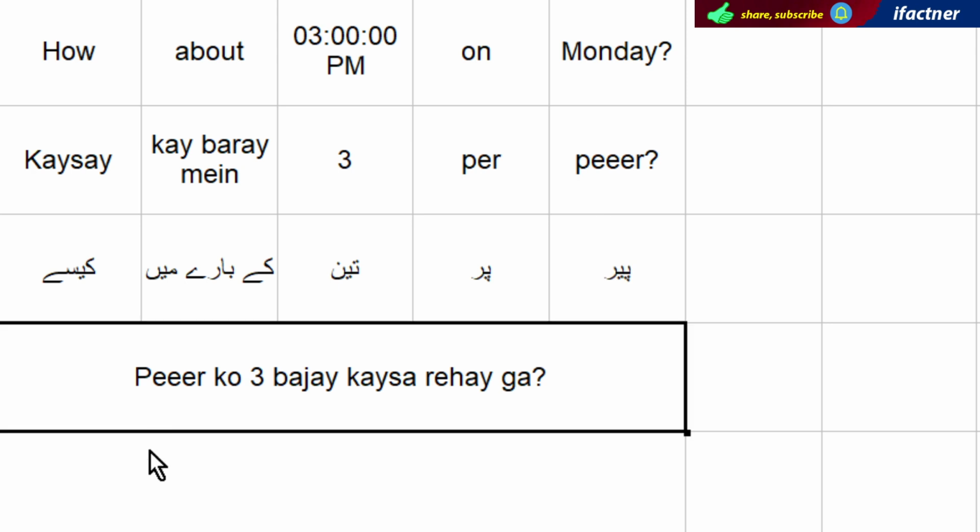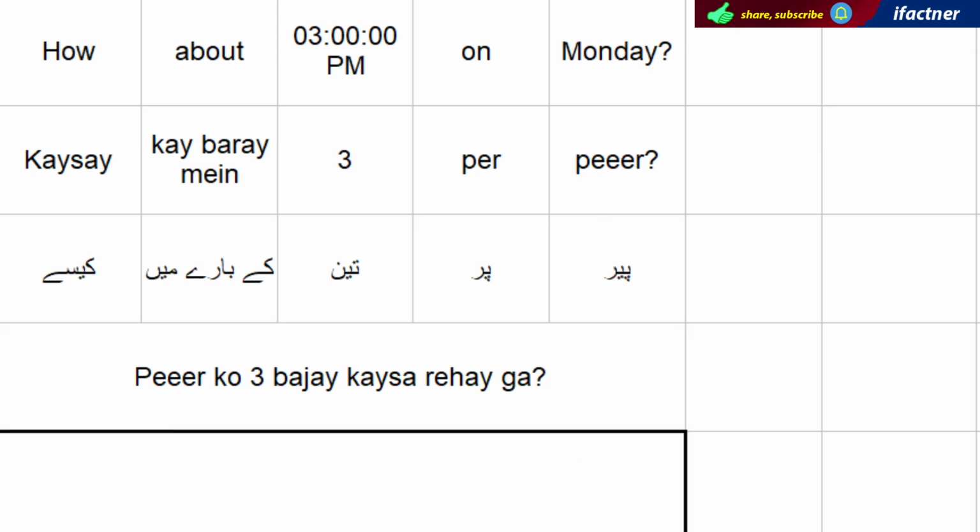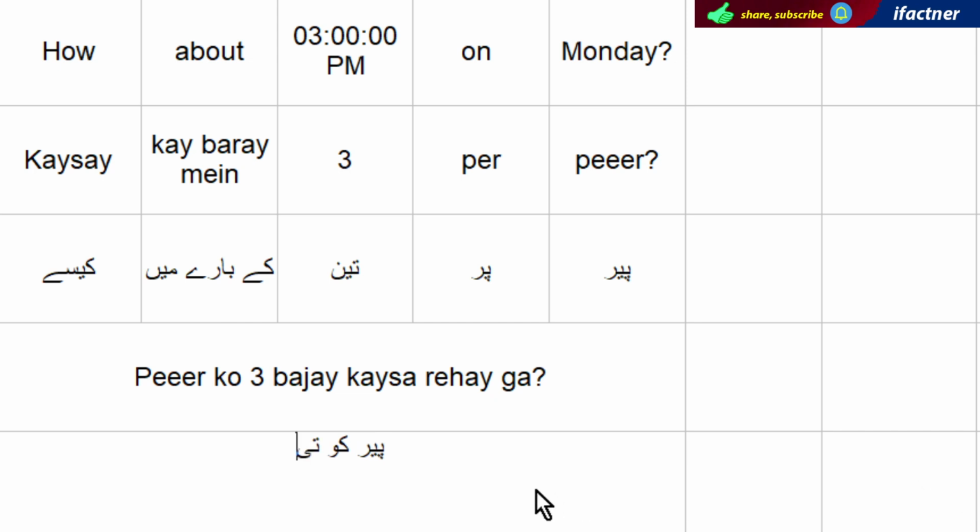Now let's translate पीर को 3 बजे कैसा रहेगा and type it down. पीर is पे जेर ये रे. पीर को काफ वाव को ते ये नून 3 बजे बीए जेम बड़िए बजे कैसा. काफ ये सीन अलिफ कैसा रहे रे हे बड़िए and ga is gaf alif ga.